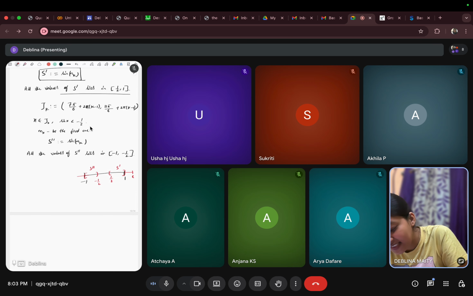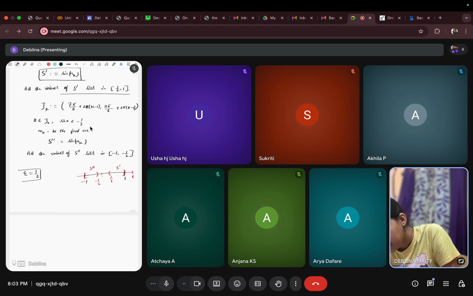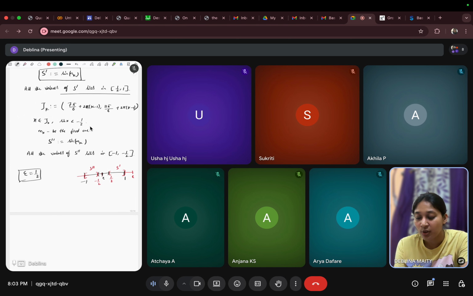Now if we take any C in minus 1 to 1, we take epsilon to be half. Then the half neighborhood of C will be outside S dash or S double dash.